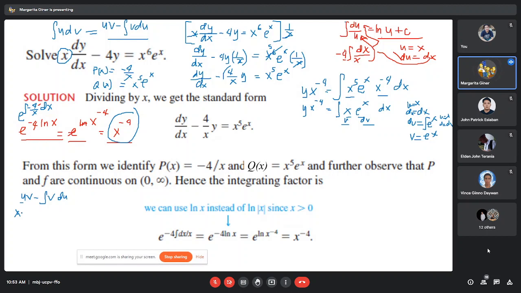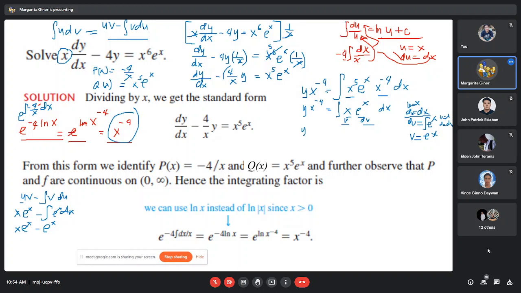Minus the antiderivative of v, which is e raised to x, and du is dx. So you have x e raised to x minus e raised to x. That is your answer here.